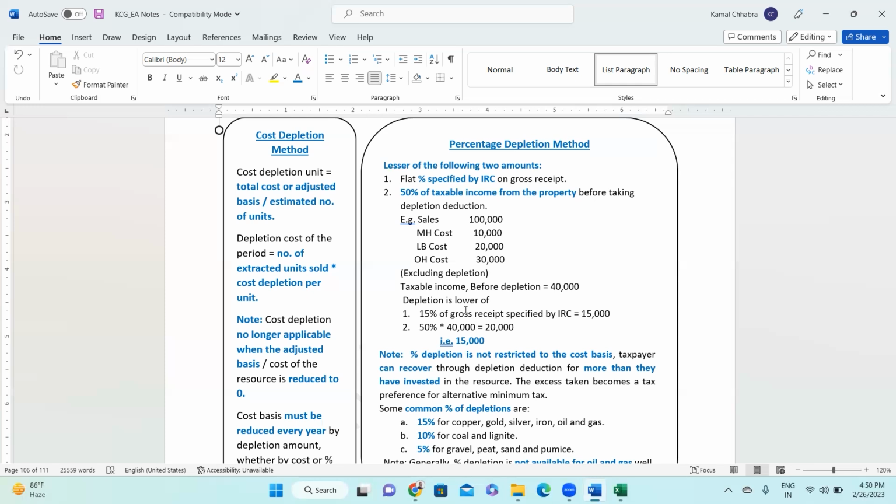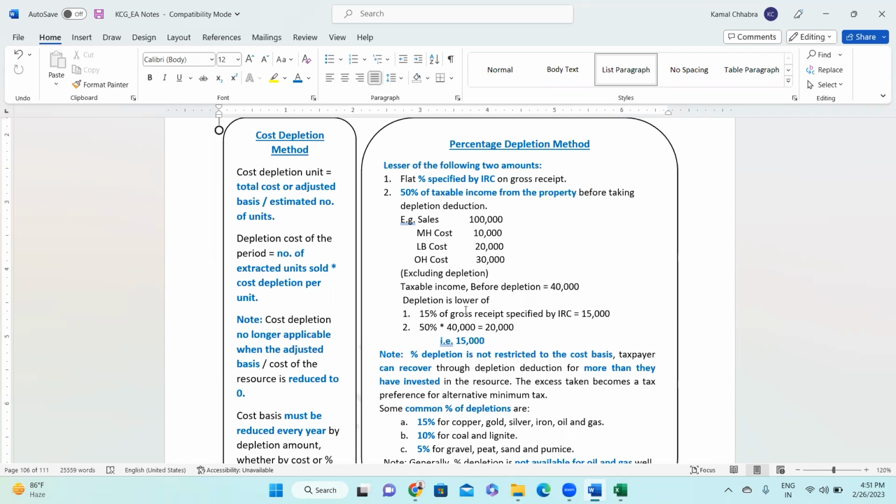The processing cost includes manufacturing cost, labor cost, and overhead cost. Finally it became jewelry, which you sold for $100,000. So sales minus manufacturing cost, labor cost, and overhead cost is your taxable income before depletion. That is how much? $40,000?